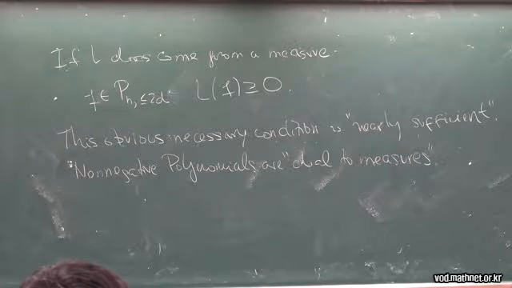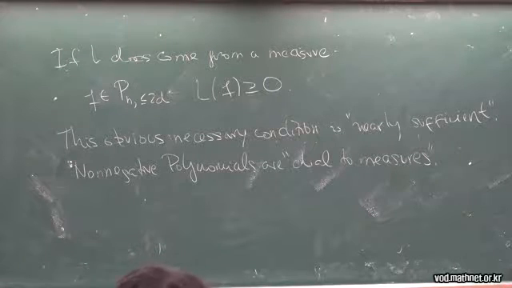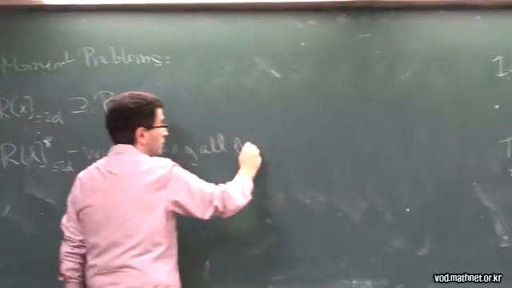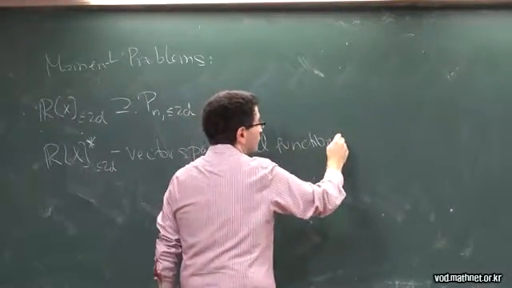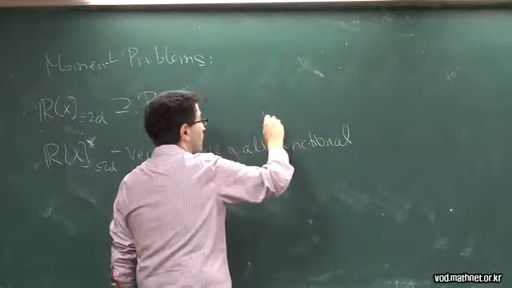Inside this vector space lives the cone of non-negative polynomials of degree at most 2d. And now we have a dual vector space. What is this? This is just the vector space of all linear functionals.